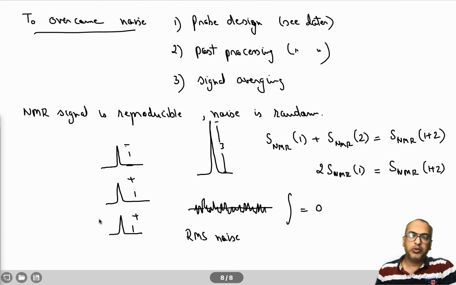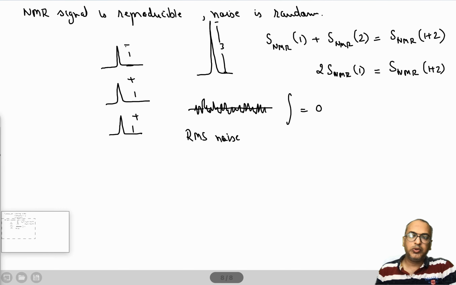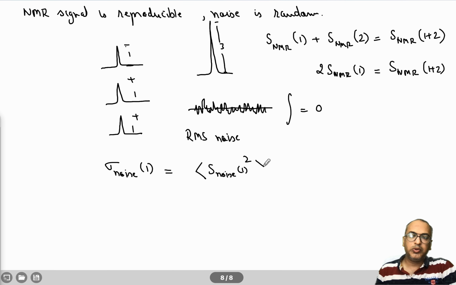Mathematically you can write it as sigma of noise in the first experiment: the noise signal in the first experiment, squared, and summation over all the spectrum, which is shown by these curly brackets, and then the square root of all this. That is called root mean square noise, right?